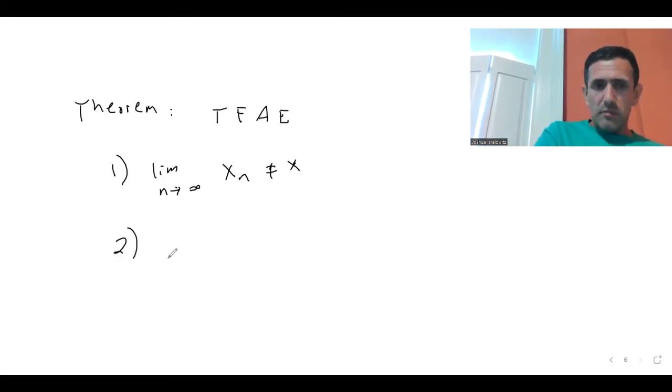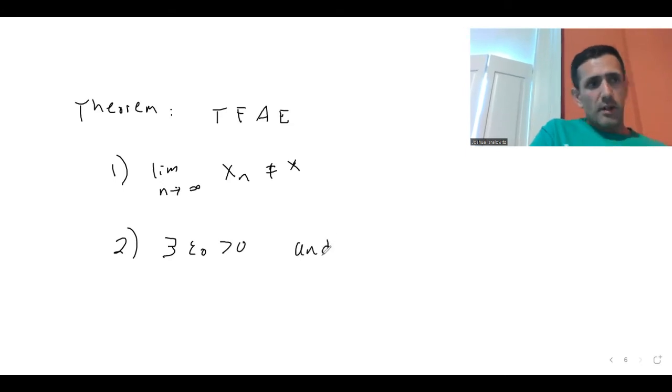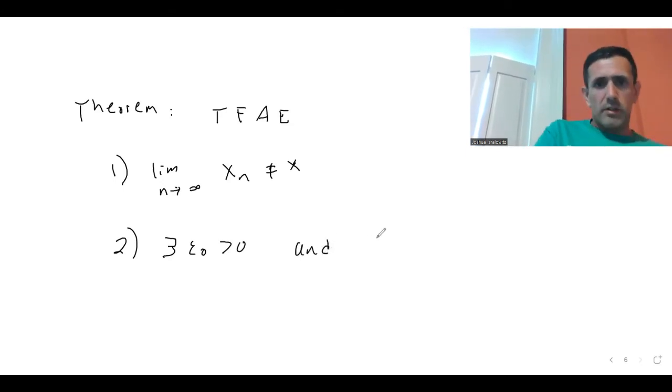Two, there exists some epsilon 0, some constant, and a subsequence, let's call it xnk.